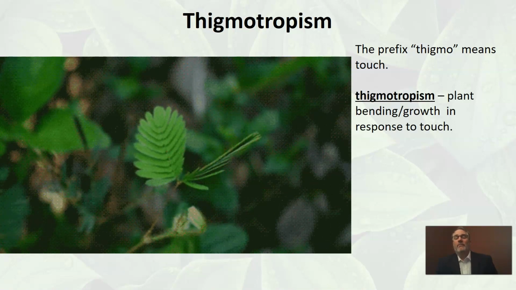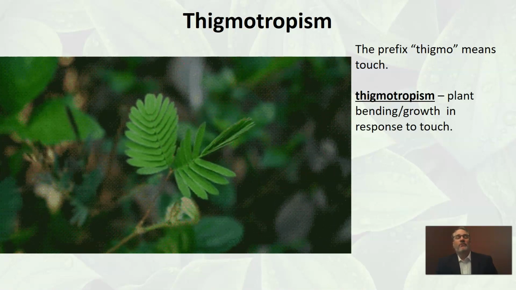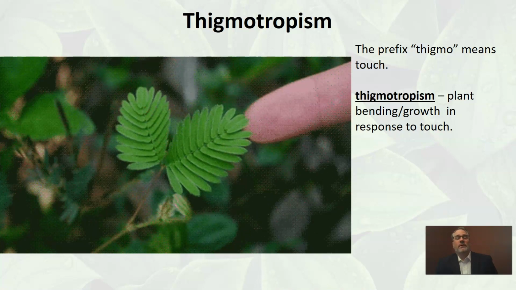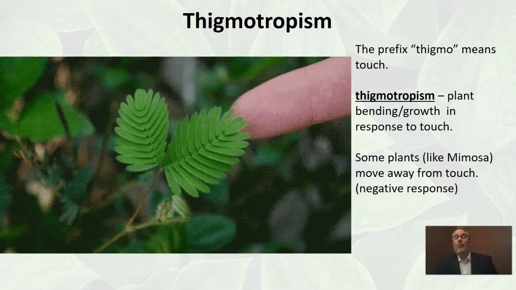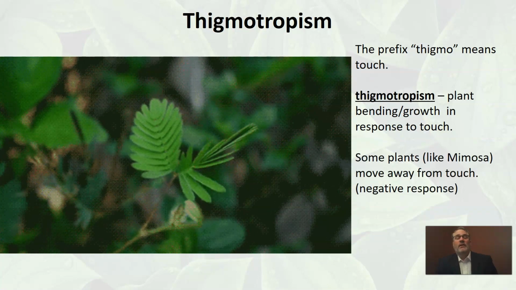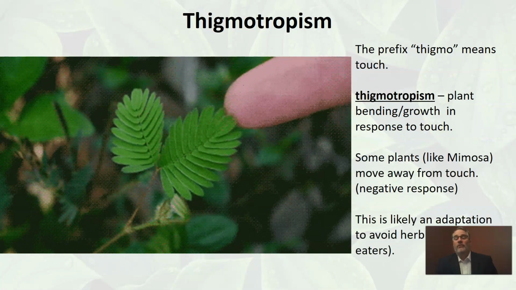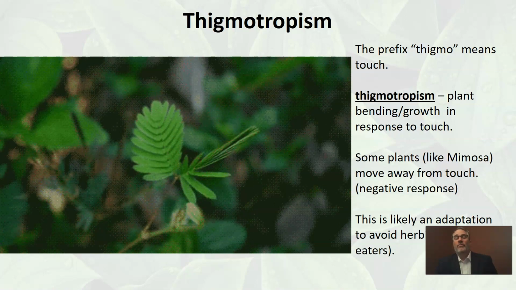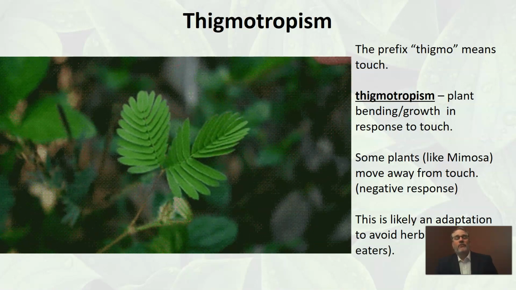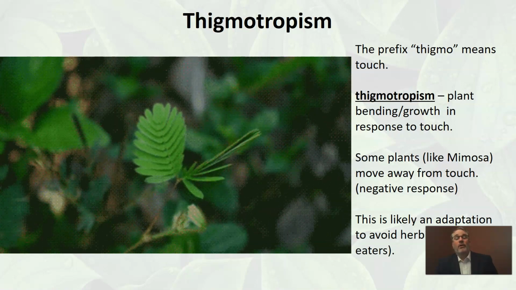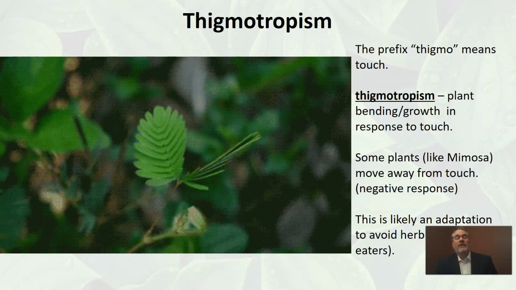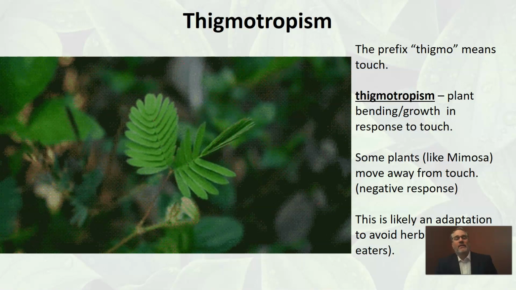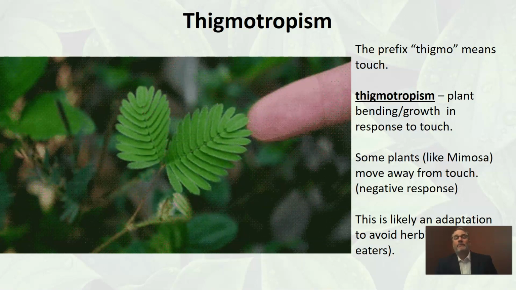Thigmotropism is plant bending or growth in response to touch. Plants like the mimosa are going to move away from touch. It's often thought that this is some sort of adaptation to avoid herbivores, plant eaters. So if a plant gets brushed against and it closes its leaves off, maybe that makes it less likely to be eaten by these plant-eating animals.